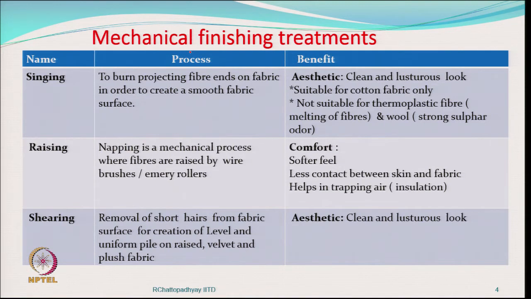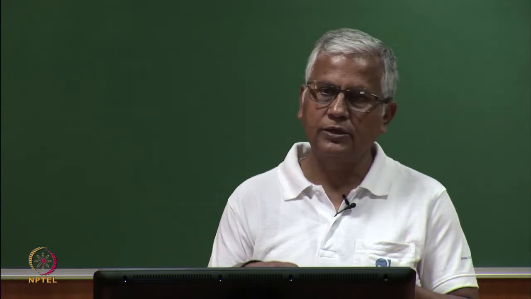The other treatment is raising, that is, we try to raise the fibers from the surface of the fabrics. There are some rollers through which we try to raise the fibers from the fabric surface, that is basically from the yarns actually, and in the raising treatment we are actually generating a lot of hairs on the surface of the fabric.